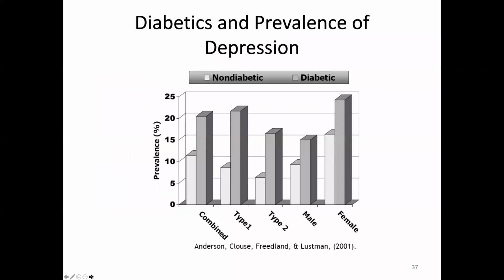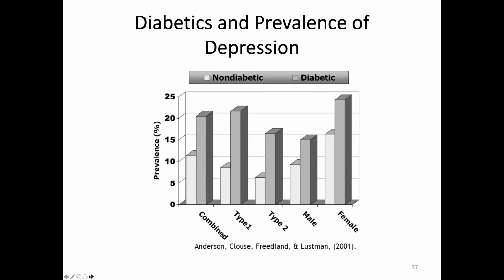Male diabetics have a higher incidence of depression, and female diabetics are way up there. Type 1 diabetics, the juvenile onset, are high, and type 2 is fairly significant. Most people would estimate the prevalence at 15 to 25%, which can be significant.